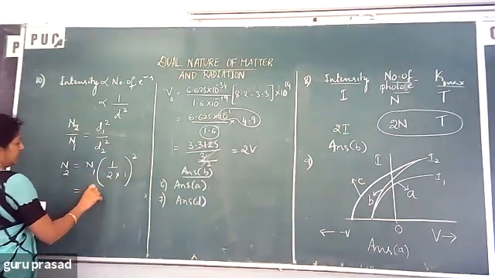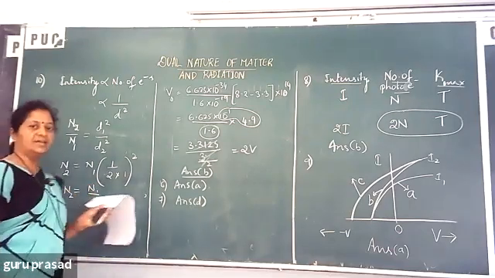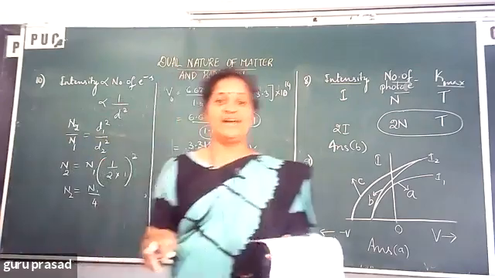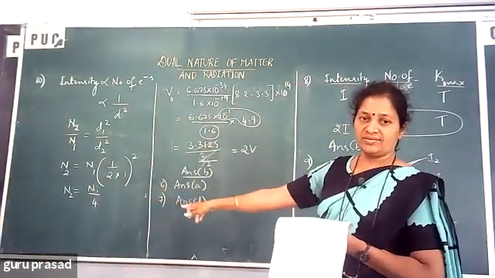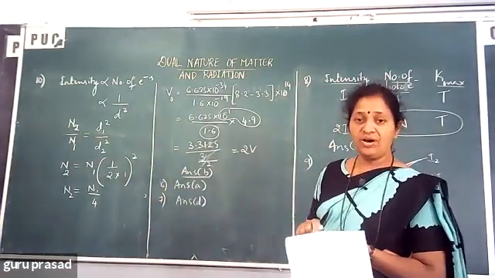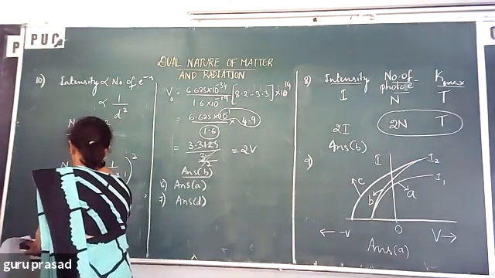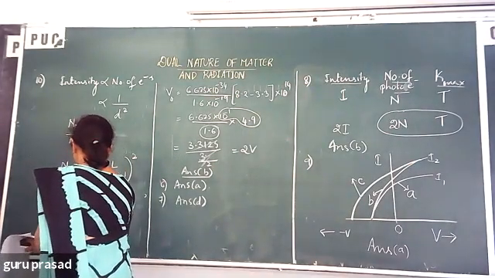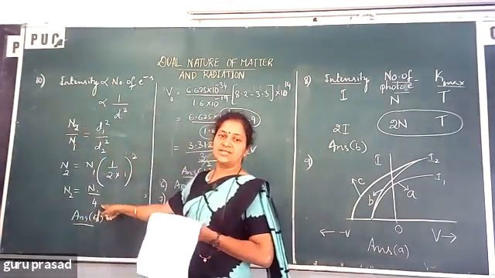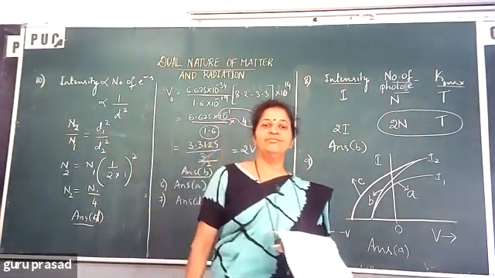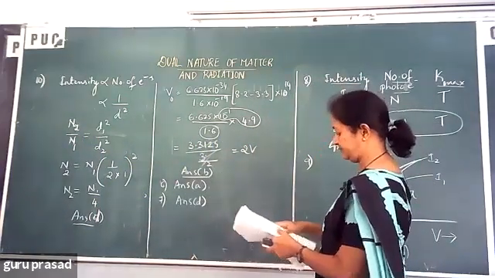So you get N1 by 4. Therefore it will reduce by a factor of 4. The answer is 4, option D, because they are asking by what factor it is reduced. Option D there.